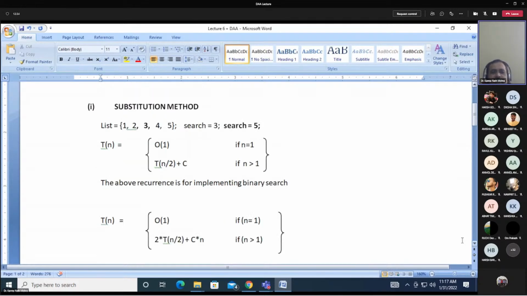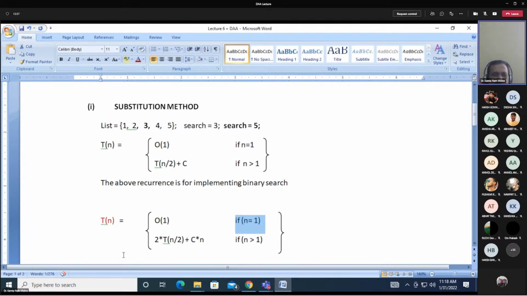Now this is another recurrence relation. What is the recurrence relation here? If n is equal to 1, then the order is O(1). T(n) = O(1) if n is equal to 1.